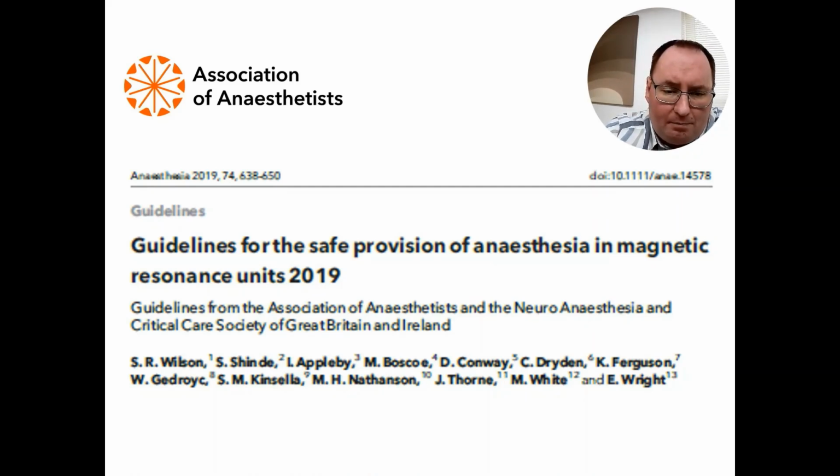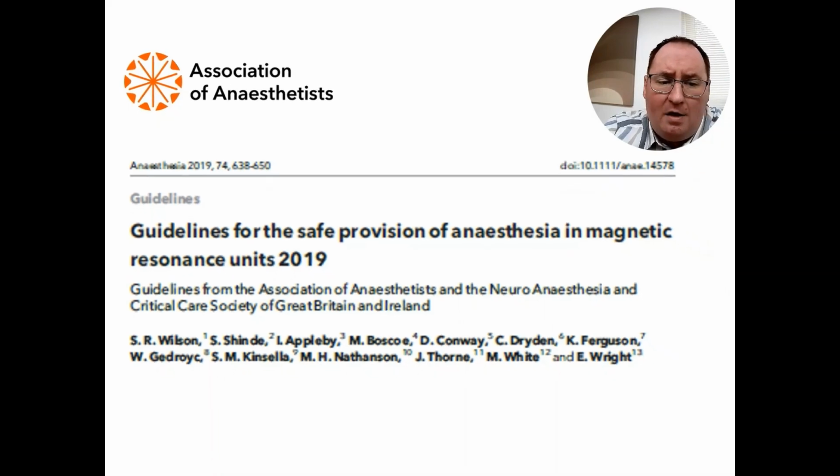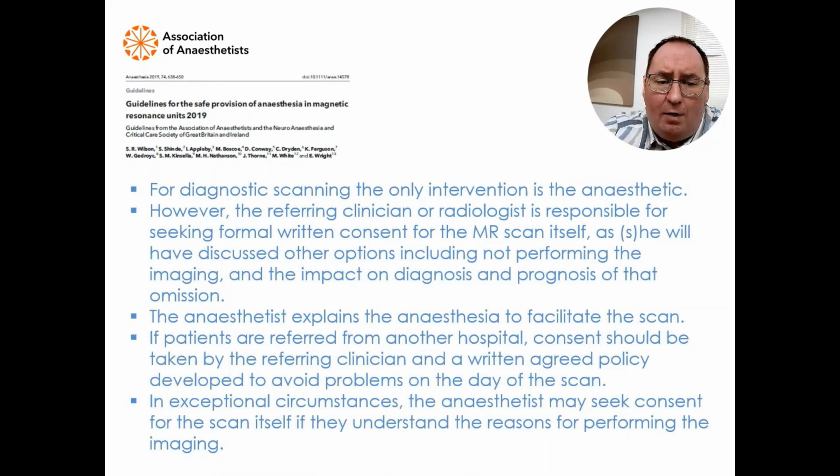And there was a paragraph in there which addressed consent issues. It acknowledged that for diagnostic scanning, the only intervention is the anaesthetic, but the referring clinician or radiologist is responsible for seeking formal written consent, as they will have discussed other options, including not performing the imaging and the impact on diagnosis and prognosis of that omission.